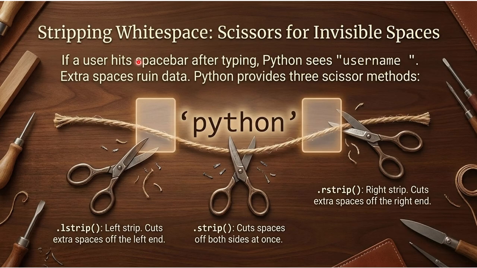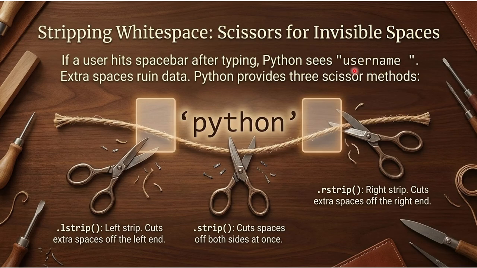The next slide is stripping white spaces, scissors for invisible spaces. If a user hits the spacebar after typing, Python sees username with a space. What does it mean? You put something in quotes like username, but accidentally typed a single space.